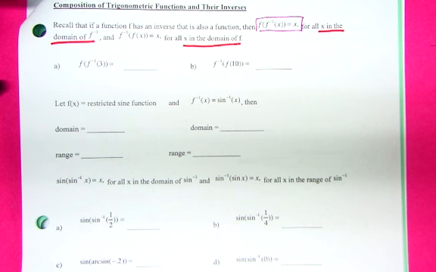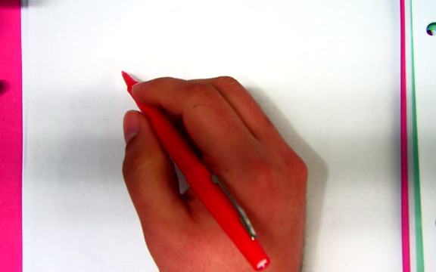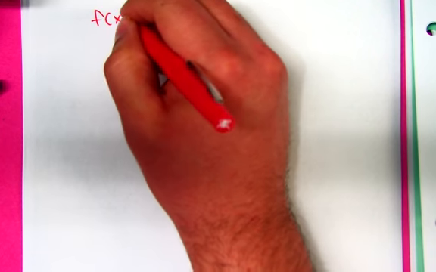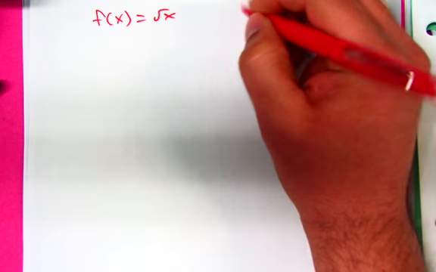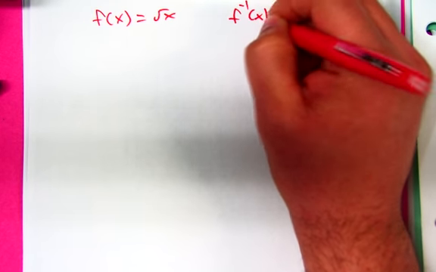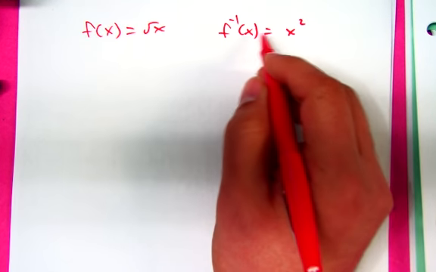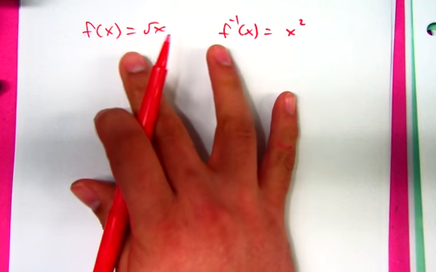And I think the example that we use in chapter 3 was something like this. If I have f of x equals square root x, and f inverse of x equals x squared, they're not exactly inverses.